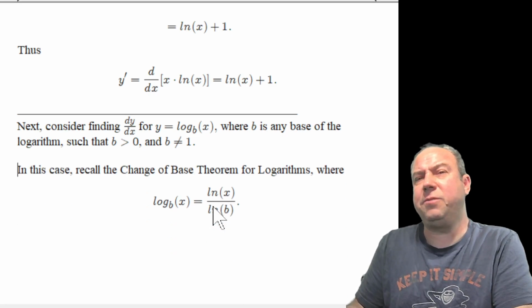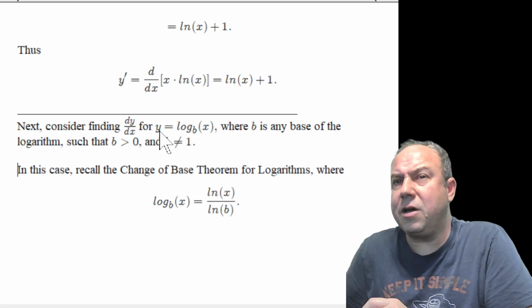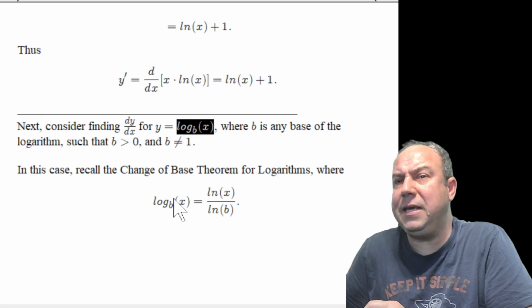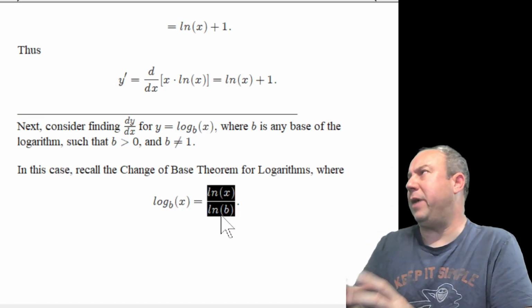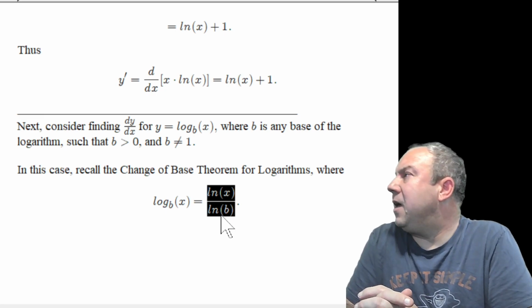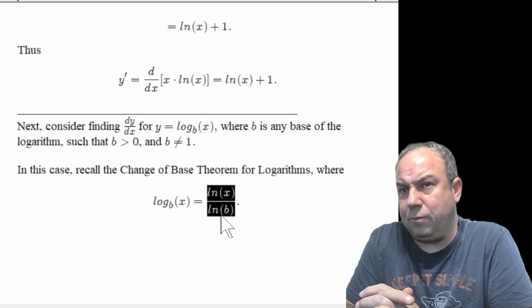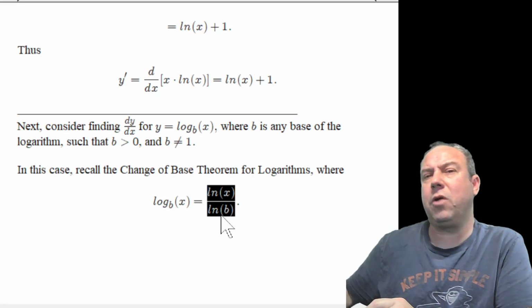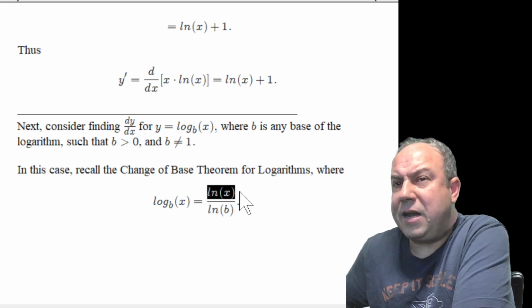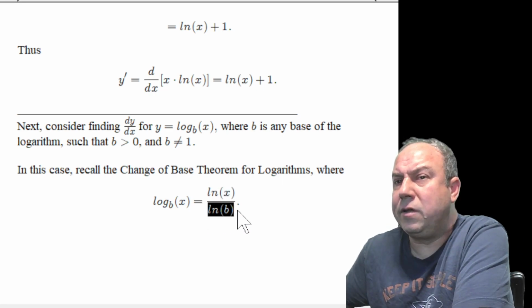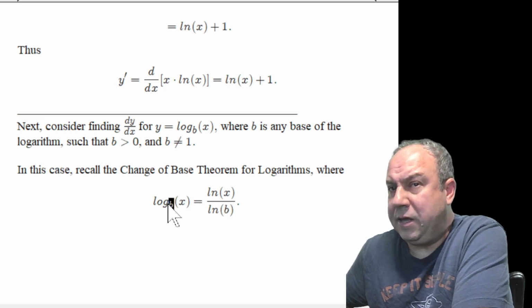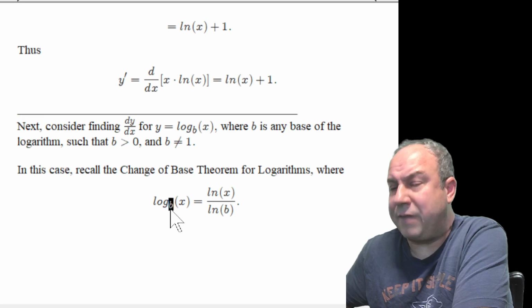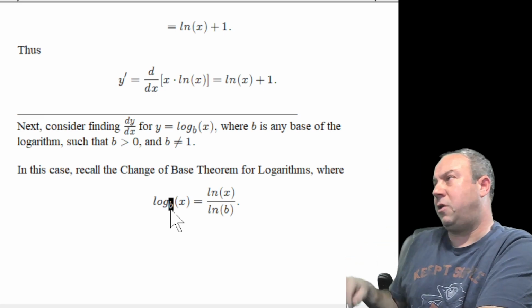All right. Recall the change of base theorem, which allows you to talk about any logarithm of base b in the context of any other base in the form of this ratio, where we have the log of any base of x over the log of any base for what would be the argument of b, the b value being the base from the original logarithm.